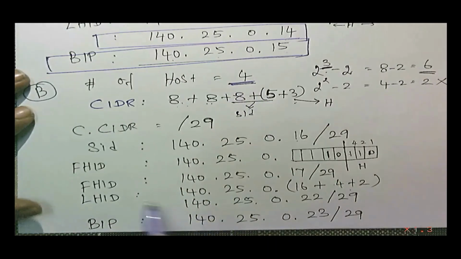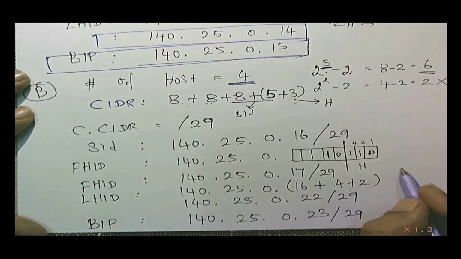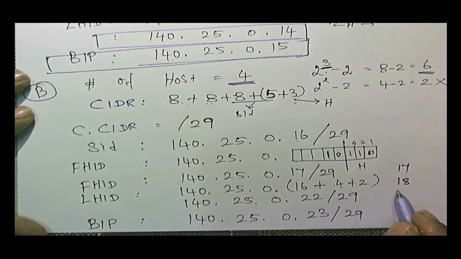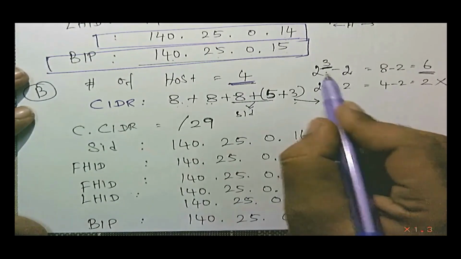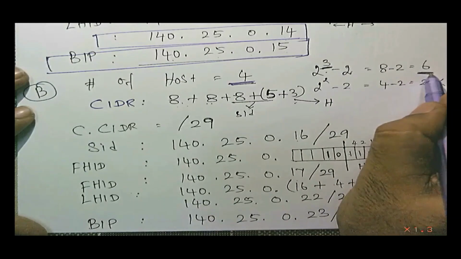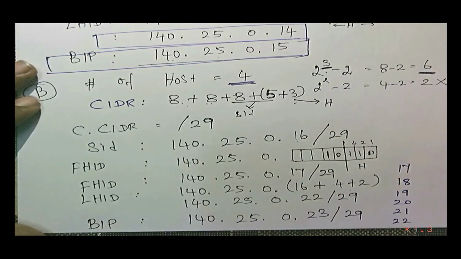Now if you see what we decided previously, we need only 4 hosts. The first host ID is 17, then 18, 19, 20, 21, 22. So you can have 6 hosts, as we already discussed: 1, 2, 3, 4, 5, 6 IP addresses available.